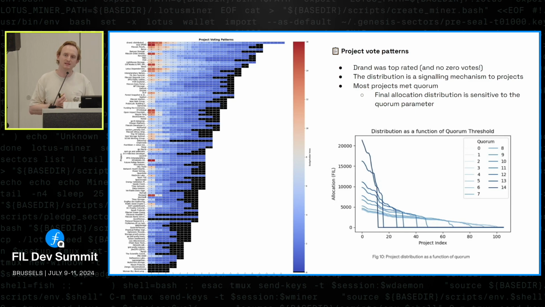There were, I think, 120 something different responses. We had some members doing very broad Web3 projects that weren't very directly relevant or able to demonstrate impact, at least in their application to the Filecoin ecosystem.